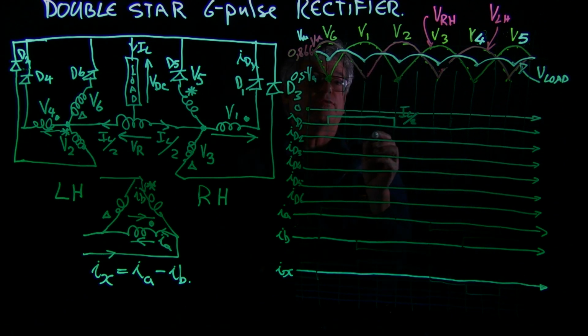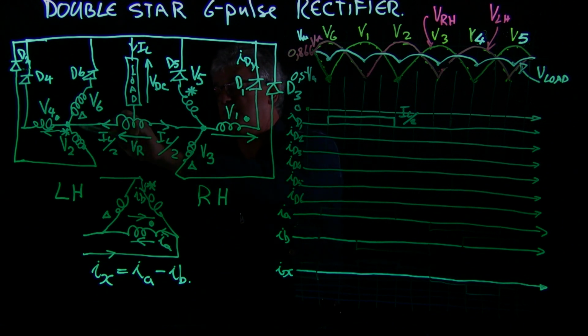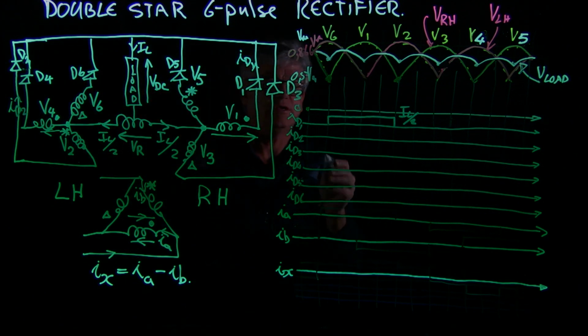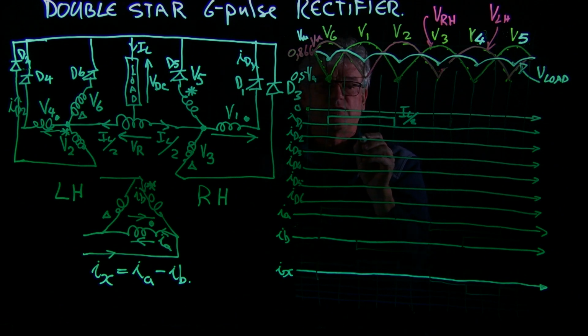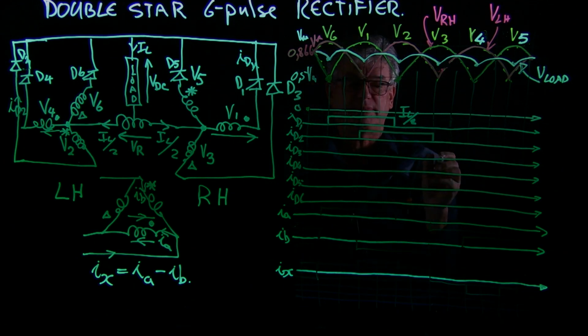That is the magnitude. When we go to V2, the current flowing in ID2 is the current that flows while V2 is the most positive, which is from here to there with the same magnitude.